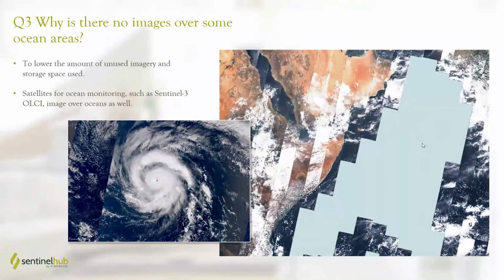These satellites are generally of a bit higher resolution, and if they were taking images over ocean, as you might imagine, most of the Earth is covered by ocean, so this would result in a lot of tiles that are not that useful and a lot of storage space that would be needed. However, there are satellites which are also intended for ocean monitoring, such as Sentinel-3, which of course also take images over ocean. As you can see on this image on the left, this is Hurricane Douglas, which was taken over the middle of the ocean with Sentinel-3.